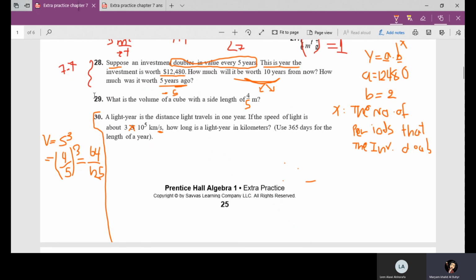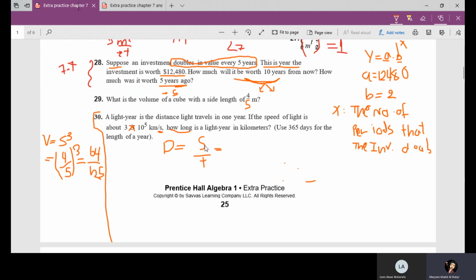First of all, I need the rule that says the distance equals the speed times time. That's in physics. But what do I need here? How long is a light year in kilometers? So I need to find this distance.